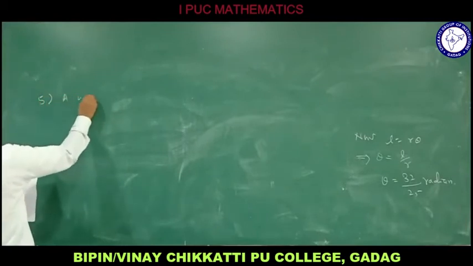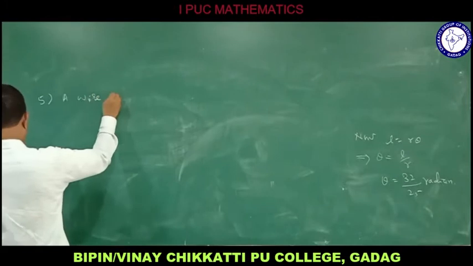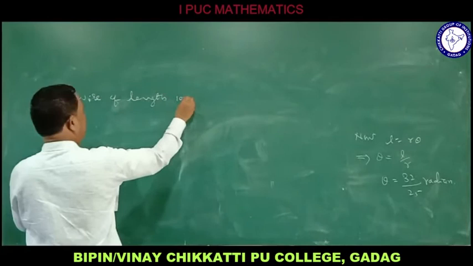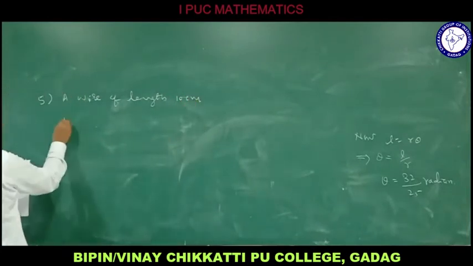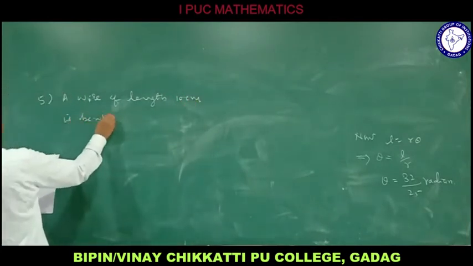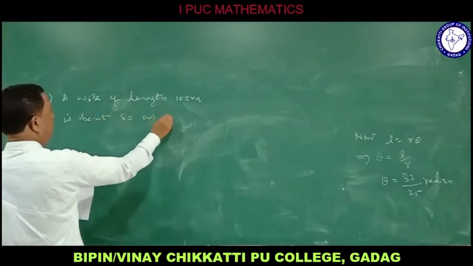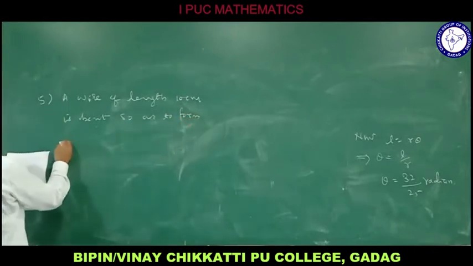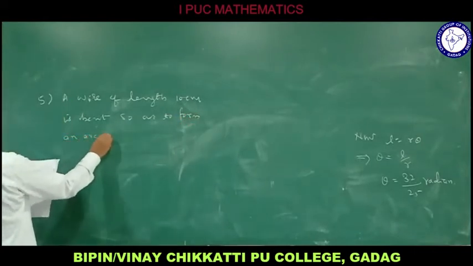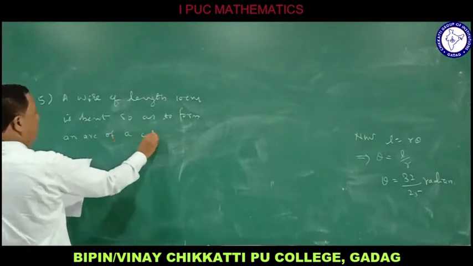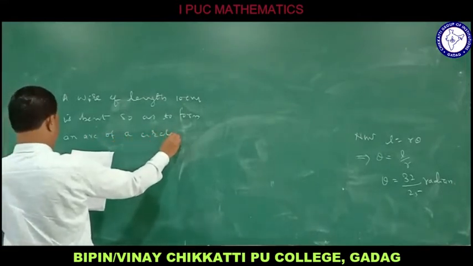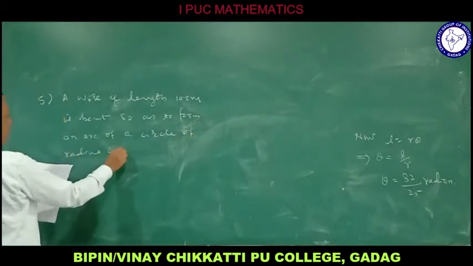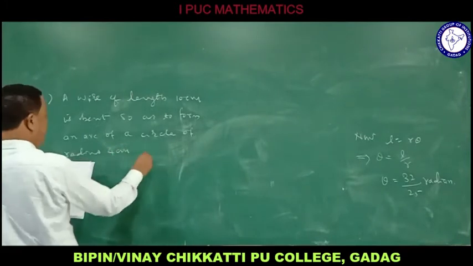A wire, look at this, a wire of length, try to understand, 10 centimeter is bent so as to form an arc of a circle of radius 4 centimeter.